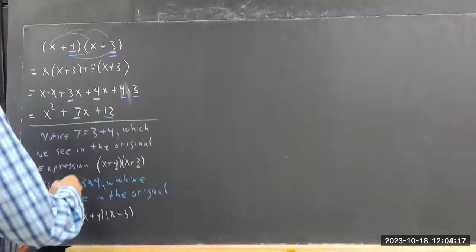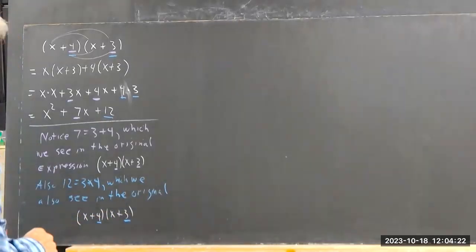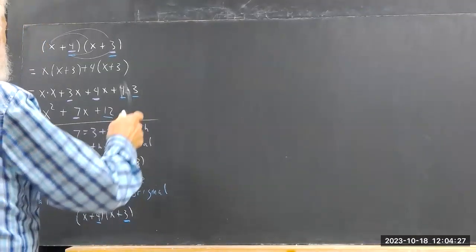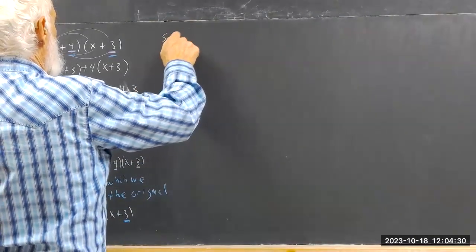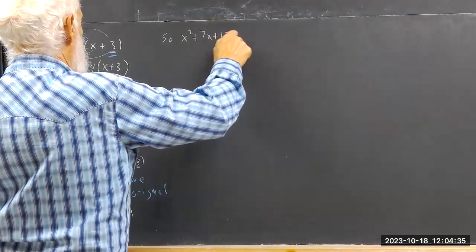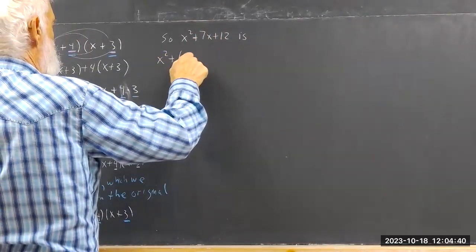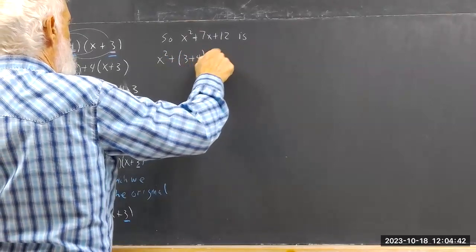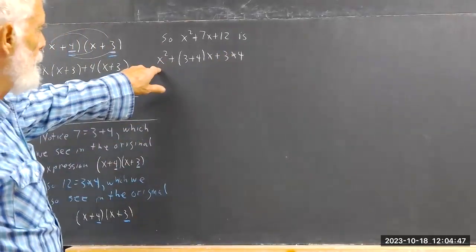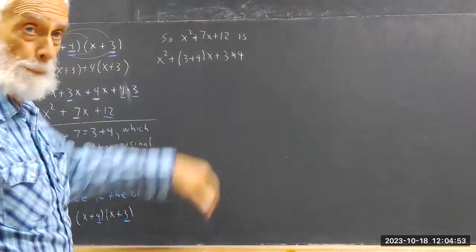And I'm writing this in blue, underline these in blue, came from the 4 and the 3. We could say that x squared is 3 plus 4 times x plus 3 times 4.